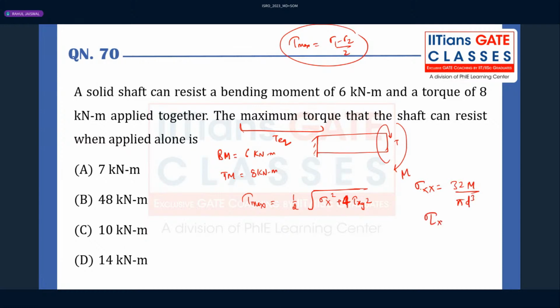And when it is subjected to twisting moment, we know the shear stress is 16T divided by pi d cube. Right? Now further, what can we write? Tau maximum as half of the square root of (32M divided by pi d cube) whole square plus (16T divided by pi d cube) whole square.